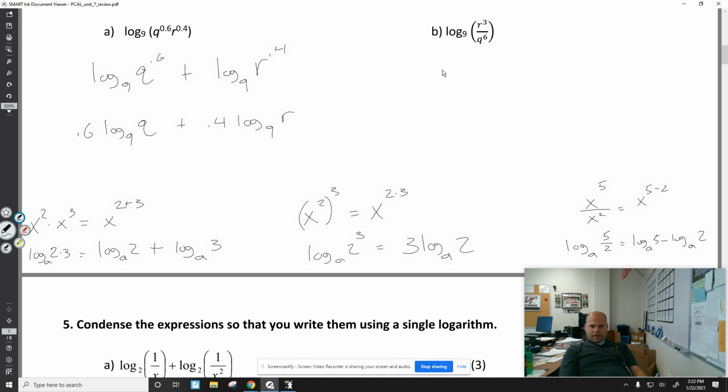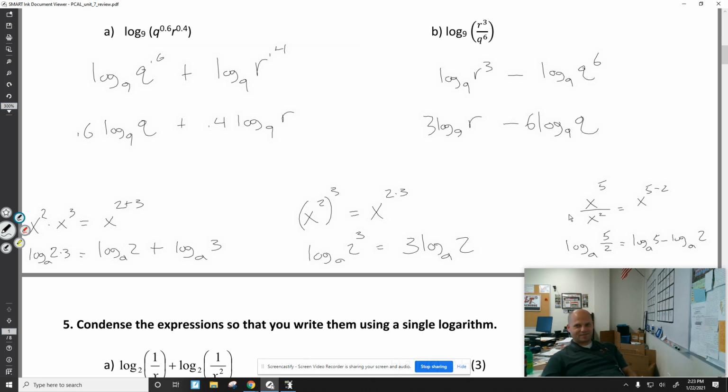So to expand this, I have log base 9 of r cubed minus log base 9 of q to the 6th. Bring down the 3, bring down the 6. 3 log base 9 of r minus 6 log base 9 of q.